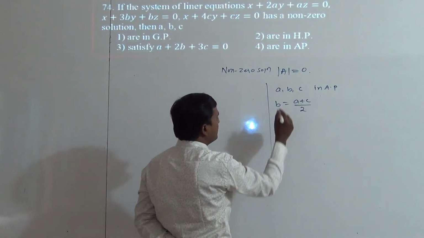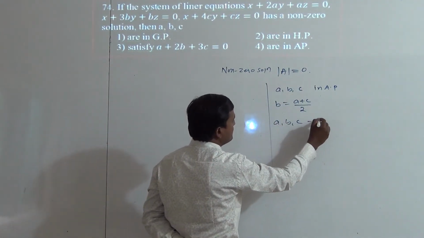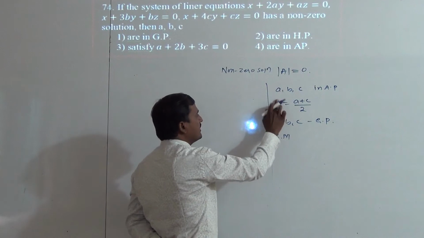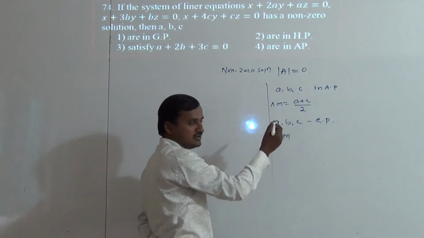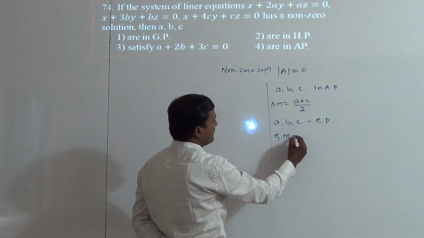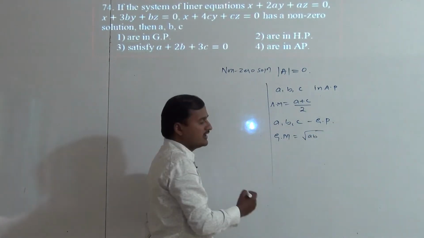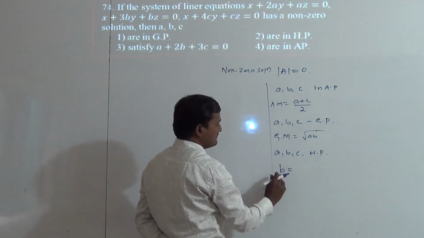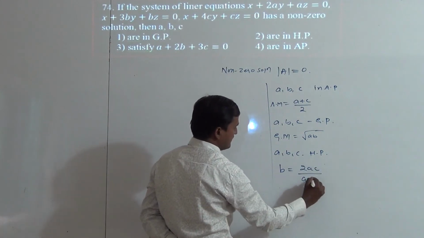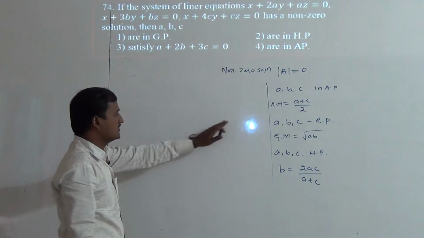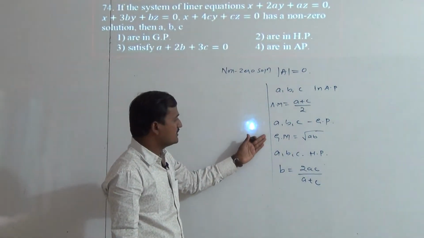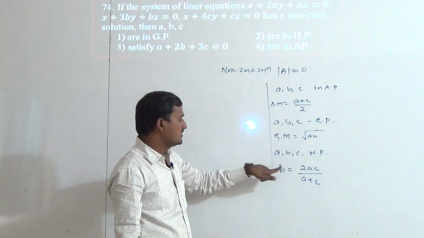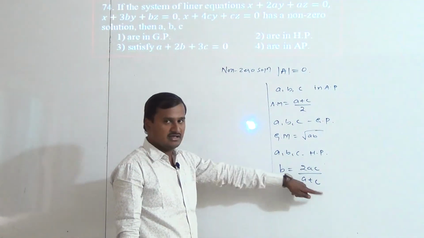Similarly, if a, b, c are in GP, then the geometric mean is square root of ac. And if a, b, c are in HP, then the relation is b is equal to 2ac divided by (a plus c). Now I have to check whether they are in AP, GP or HP. So here the geometric mean is square root of ac and the harmonic mean is 2ac divided by a plus c, right?